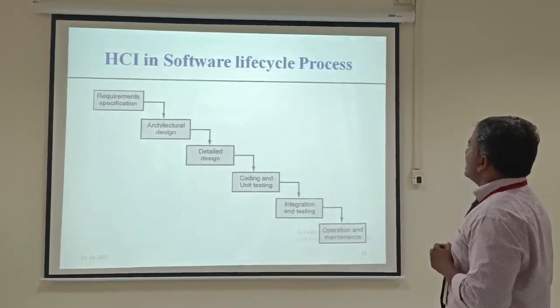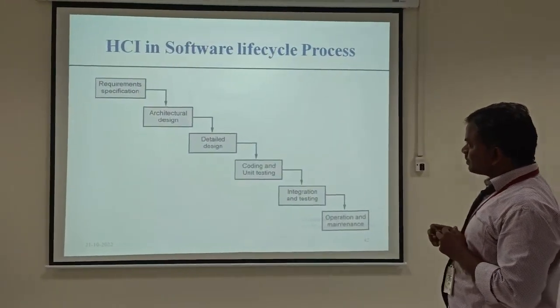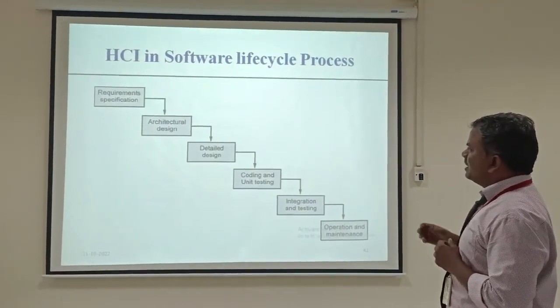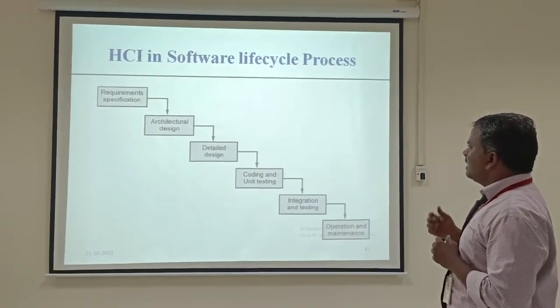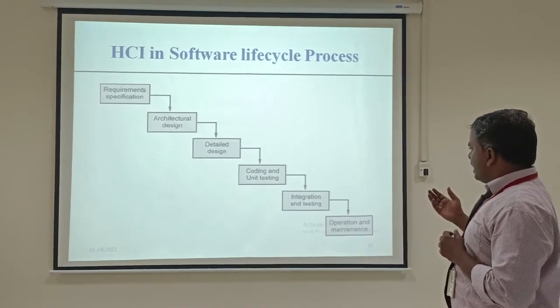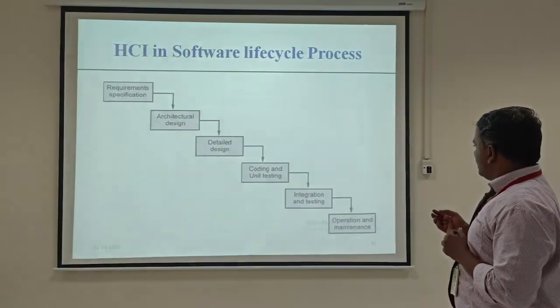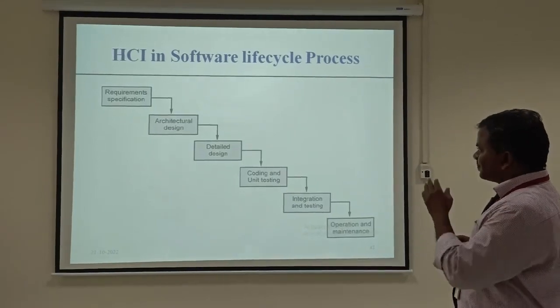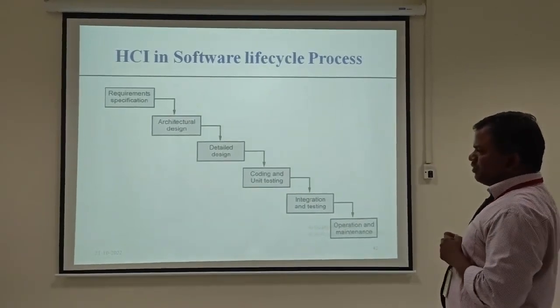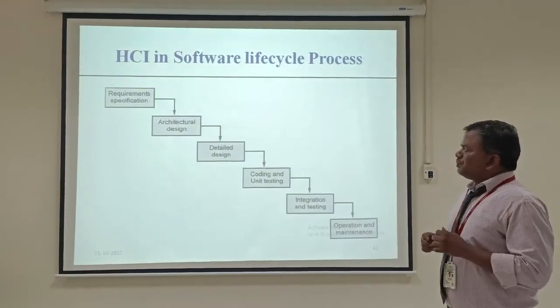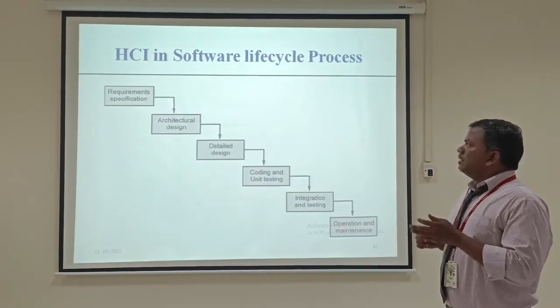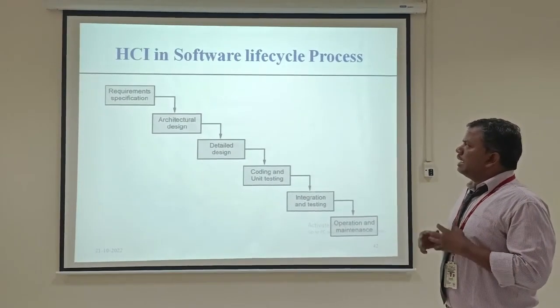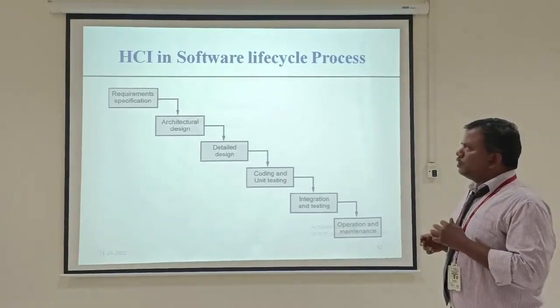HCI in the software lifecycle process: requirement specification, architectural design, detailed design, coding and unit testing, integration and testing, operation and maintenance. First one, requirement specification. We do a requirement analysis to get information about the users.